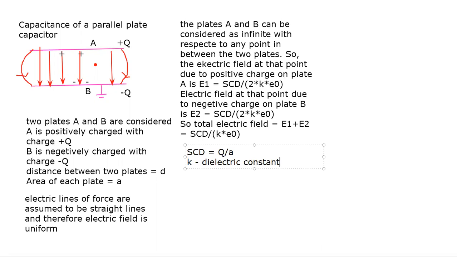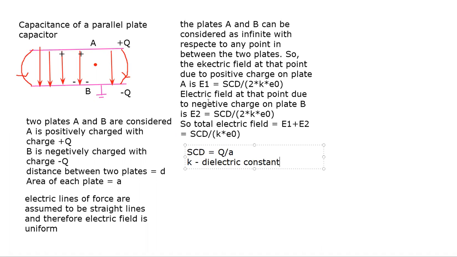Earlier we have derived the formula for finding the electric field at any point due to an infinitely long conductor, and its value was given by SCD divided by 2 into the permittivity of the medium into epsilon 0, the permittivity of free space or vacuum. Now, K, the dielectric constant, is the same as the relative permittivity of that medium.